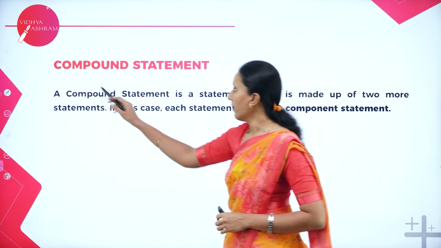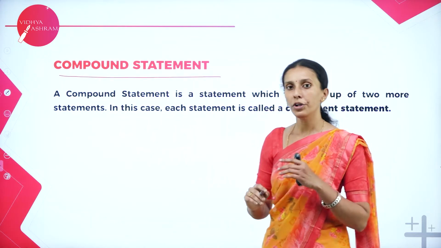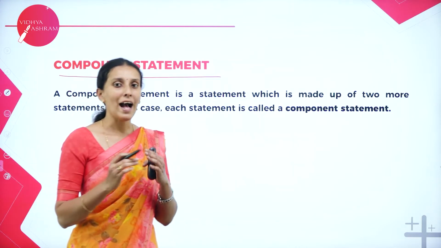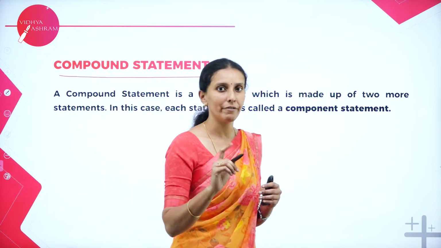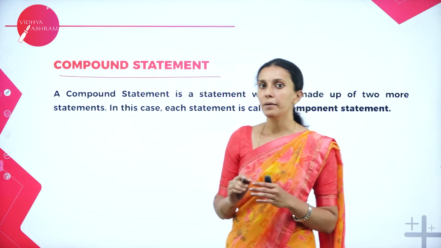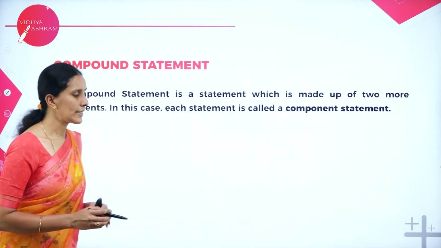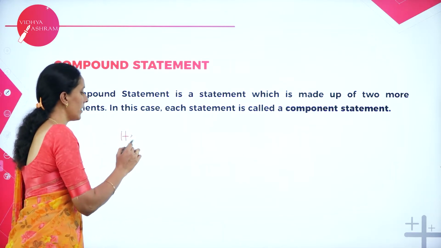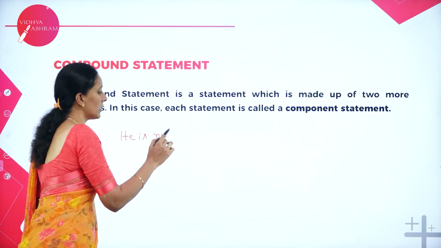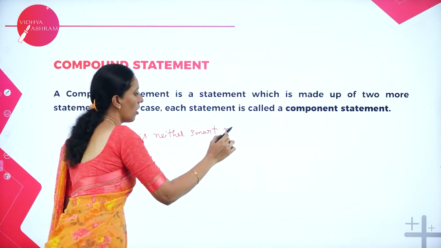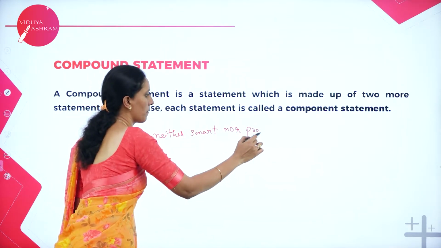Next, we have compound statements. What do we mean by a compound statement? In all the previous statements, you had very simple statements, that is, only one statement. A compound statement is a combination of more than one statement. For example, I can say, he is neither smart nor practical.